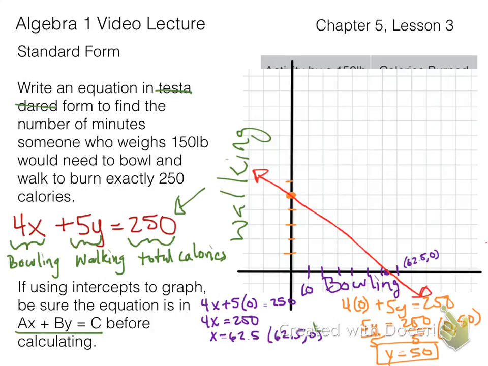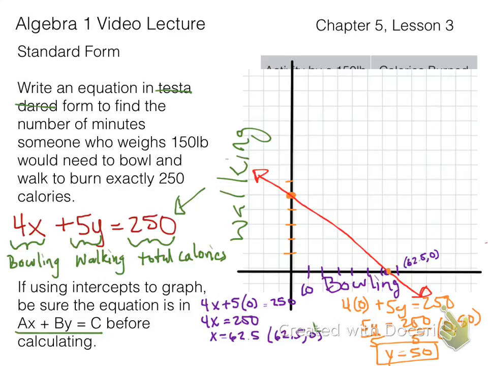So that's my line. Basically any point on this line would still allow me to burn 250 calories, either bowling or walking, but the difference would be there. So here, I could walk 0 minutes, but bowl for 62.5 minutes, and I would burn 250 calories.